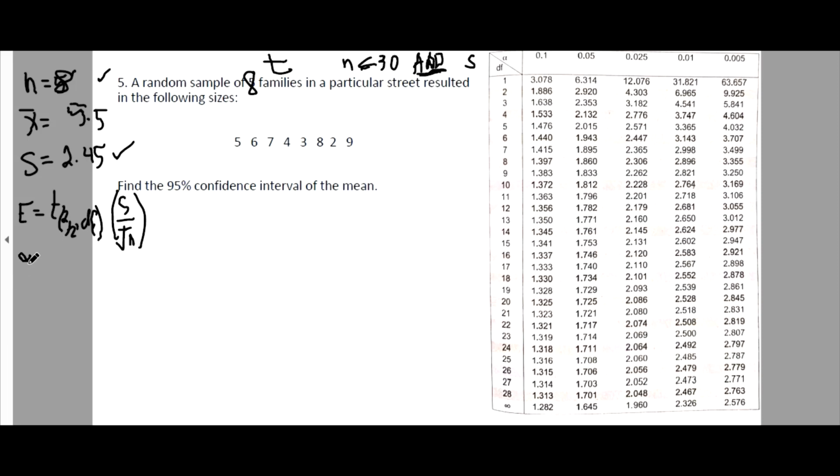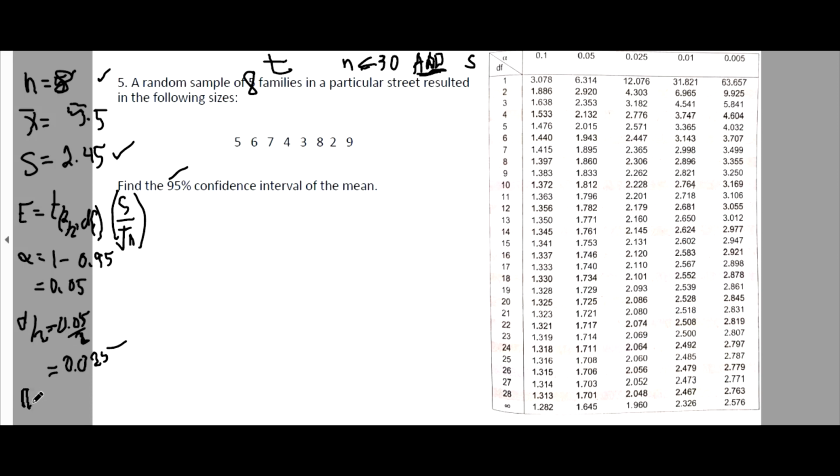Our alpha here is 1 minus 0.95, because of the 95% confidence interval. So therefore, this is equal to 0.05. And then we divide this by 2. 0.05 divided by 2 is equal to 0.025.